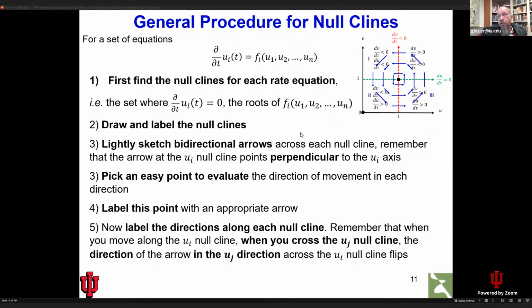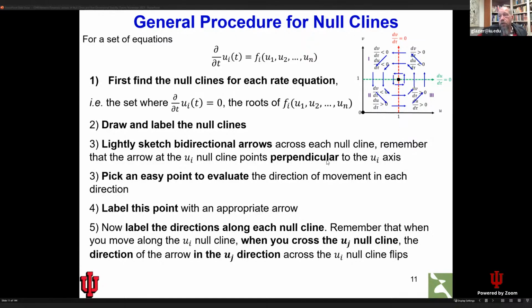But in any case, you have to find, analytically if possible, the set of values of each variable which give you a 0 for that particular rate equation. Then you want to sketch that and label it, because you have to remember which null-cline is for which variable. If you've done it for u, you label the u null-cline du/dt equals 0. If you've done it for v, you label that dv/dt equals 0, because otherwise you won't remember what direction you need to go.